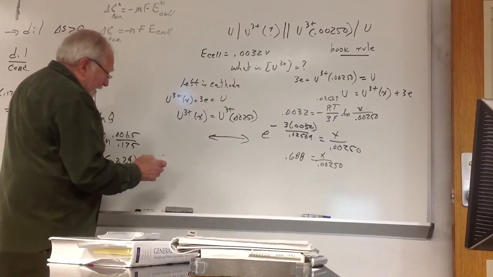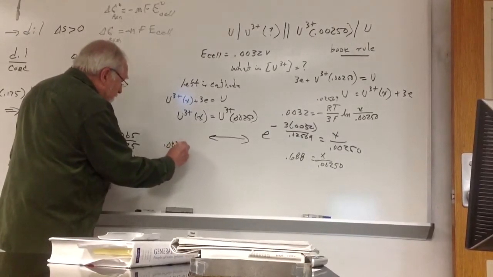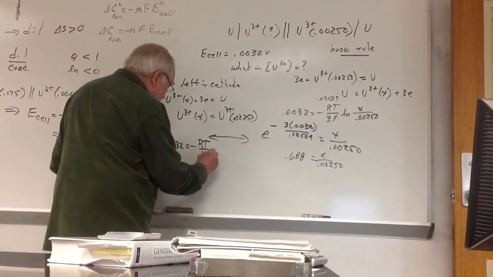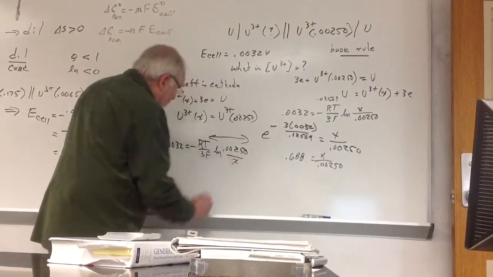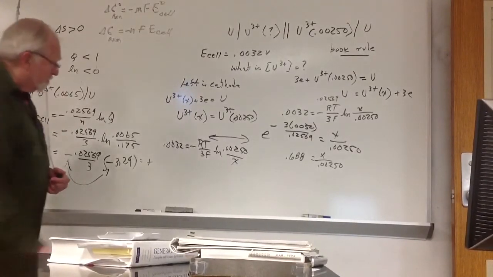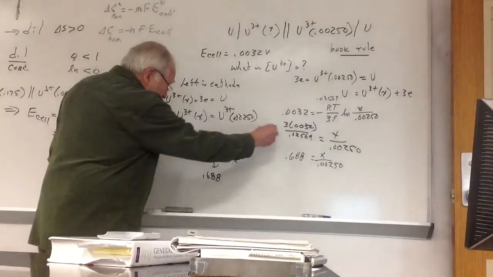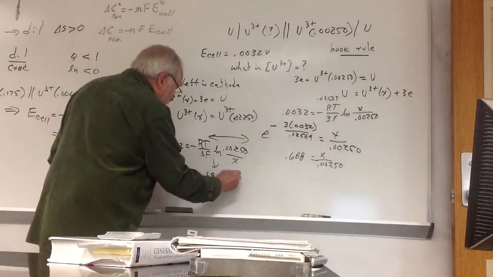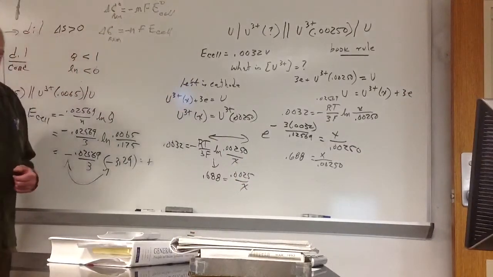It says that 0.0022 is equal to minus RT over 3F Ln X. And now we have 0.688 is equal to, because that part of the number stays the same when I cross multiply and everything, but now it's 0.688 equals 0.0025x, and you get a number slightly bigger than 0.0025.